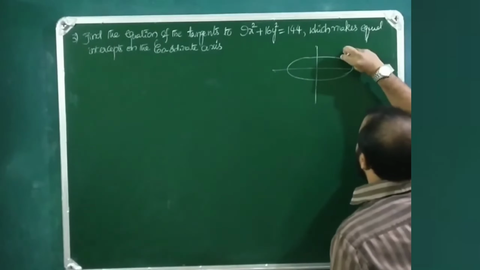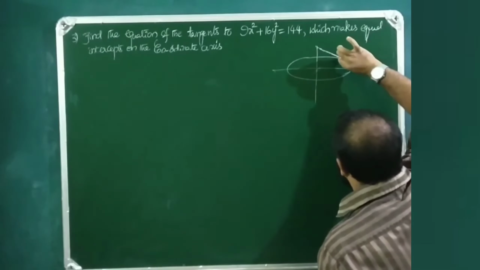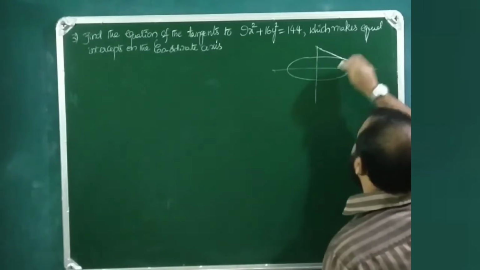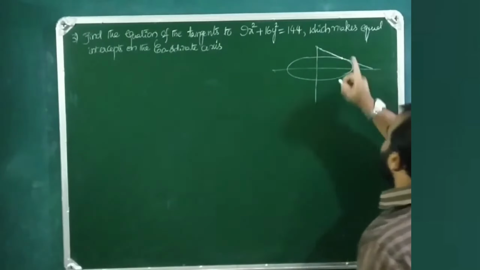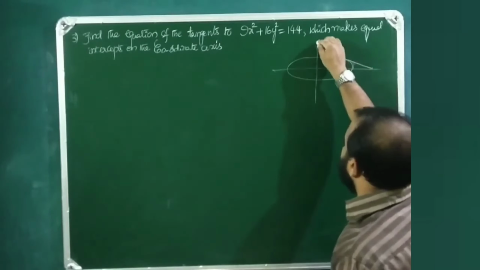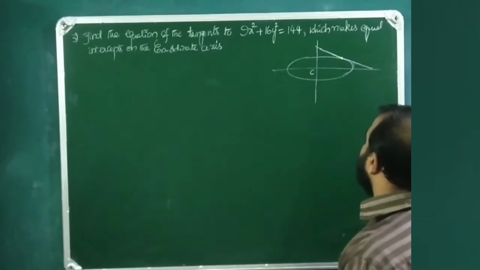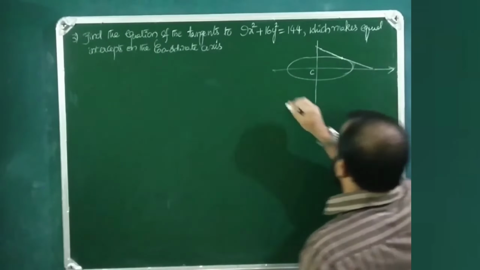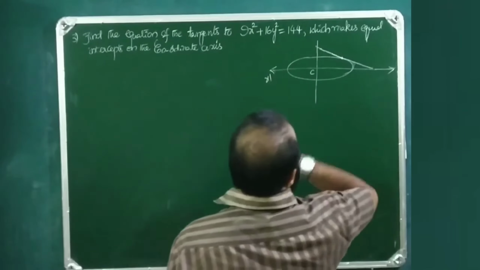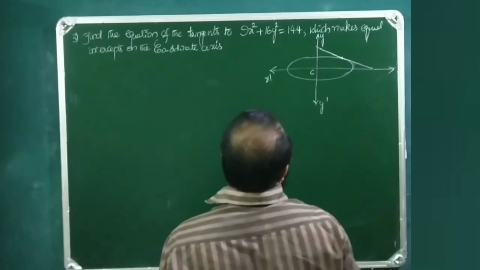This is the tangent to this ellipse. Now, this being the center, positive x-axis, negative x-axis, positive y-axis, negative y-axis.